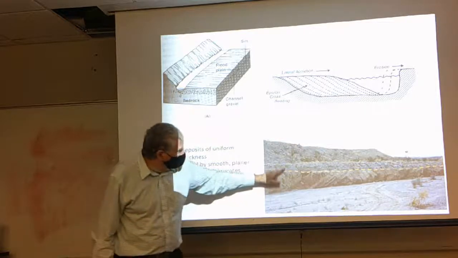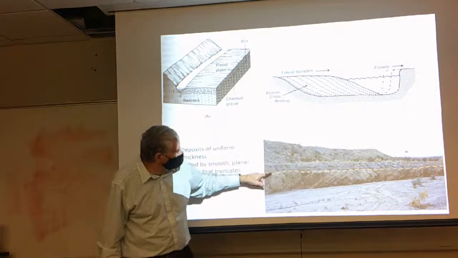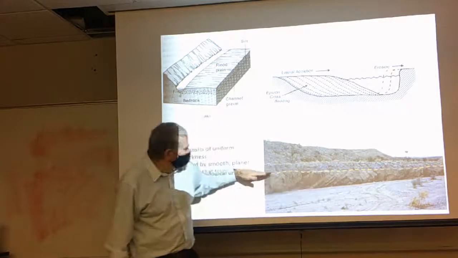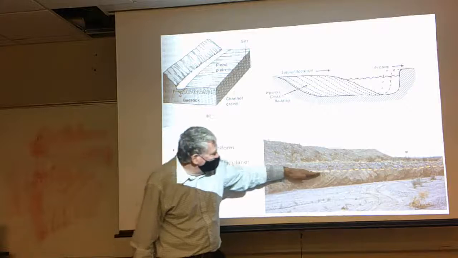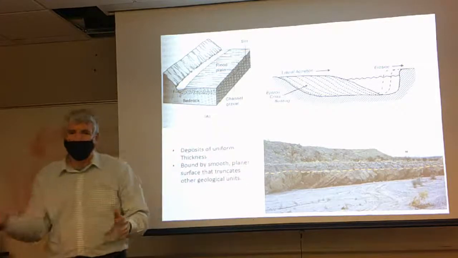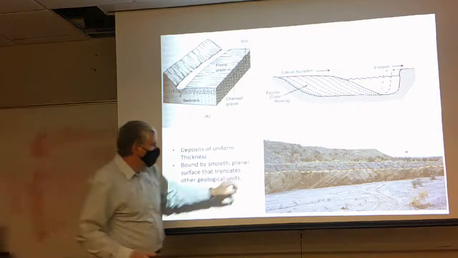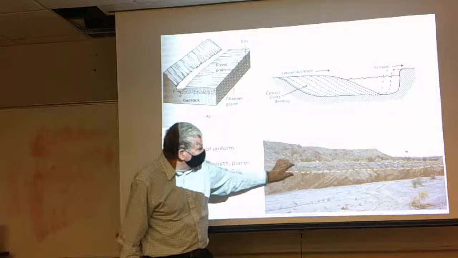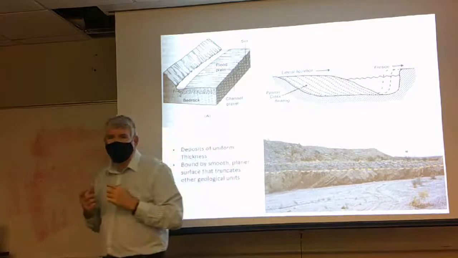So if we look at this terrace, what we see here is bedrock, and it's inclined at an angle. That bedrock surface has been planed off by this lateral planation, this movement of the channel back and forth across the valley floor, and then it's created these deposits on top of it. These deposits are of uniform thickness.